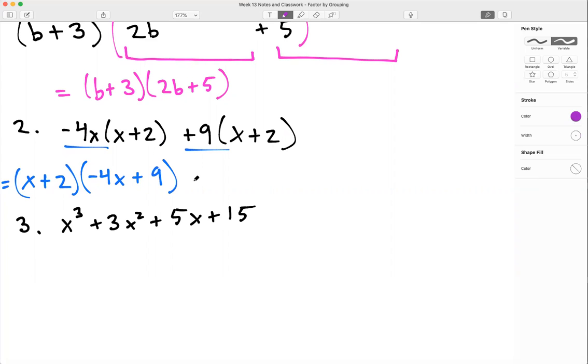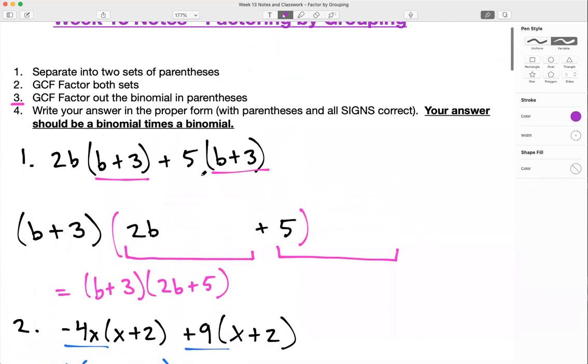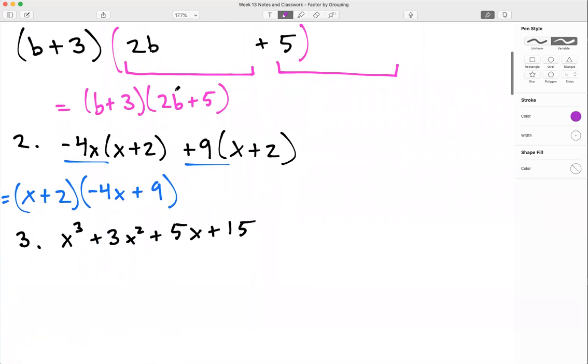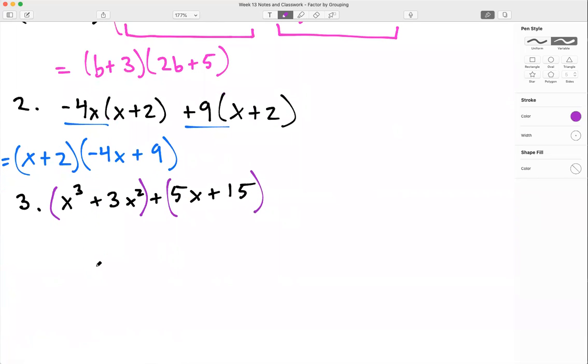How do we solve this? Let's follow the steps up here. So first thing we're going to do is separate into two sets of parentheses. That's step one. So let's separate that into two sets of parentheses right here. And for these first few problems, it's really just going to be the first two in parentheses and then the second two in parentheses, right in order like that.